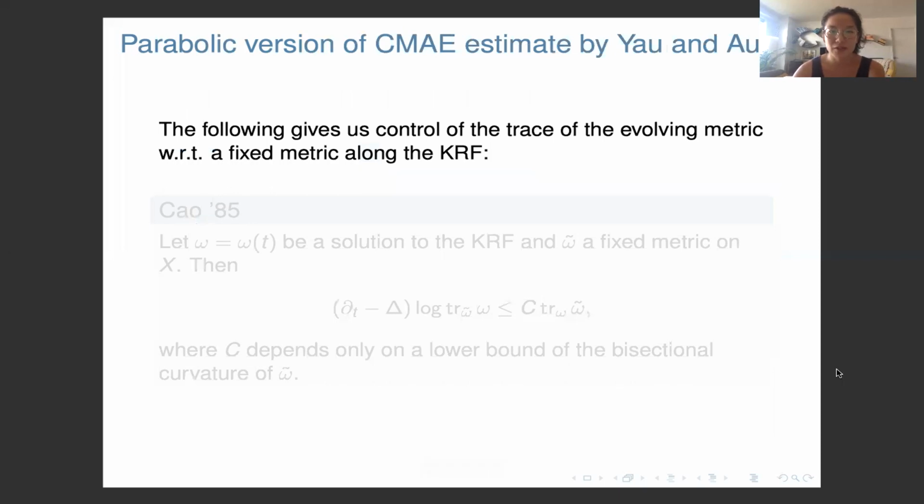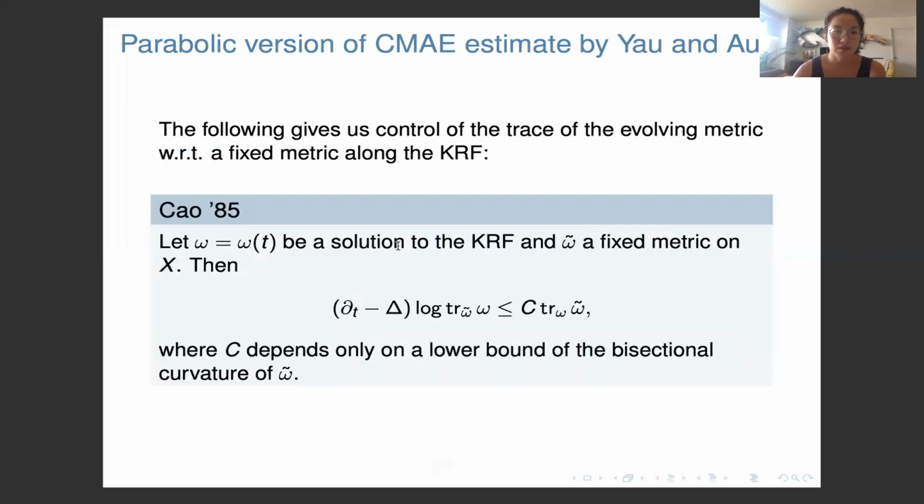Okay, so here's another evolution inequality. This was shown by Sherman and Weinkove, and it gives us control of the trace of the evolved metric with respect to the fixed metric. In 1985, it was proved that if you have omega, a solution to the Kähler-Ricci flow, and omega tilde, a fixed metric on x, then this heat type differential inequality holds: d/dt minus Laplacian of log trace_omega tilde of omega is bounded above by C trace_omega of omega tilde.